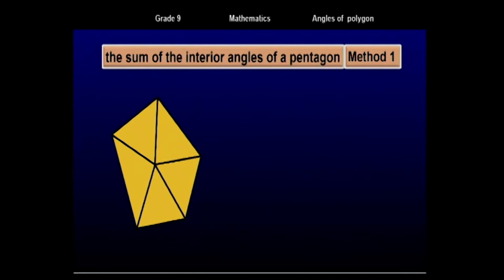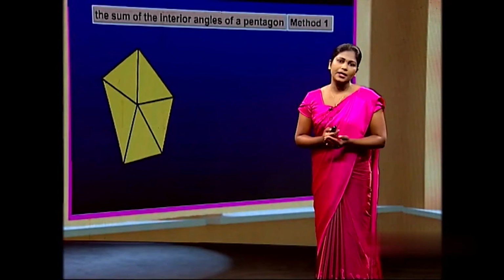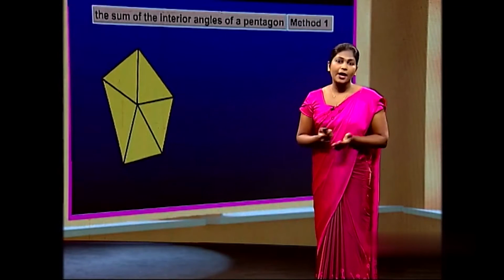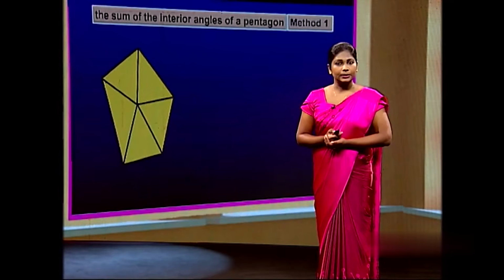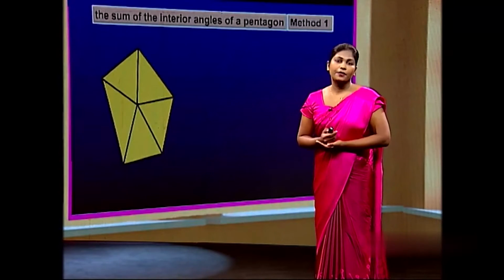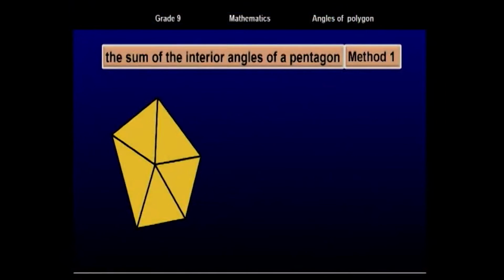Then we want to find the sum of the interior angles of a pentagon. You know the sum of the interior angles of a triangle is equal to 180 degrees. So we can multiply that amount by 5. Then you can obtain the sum of the interior angles of this pentagon: 180 into 5.